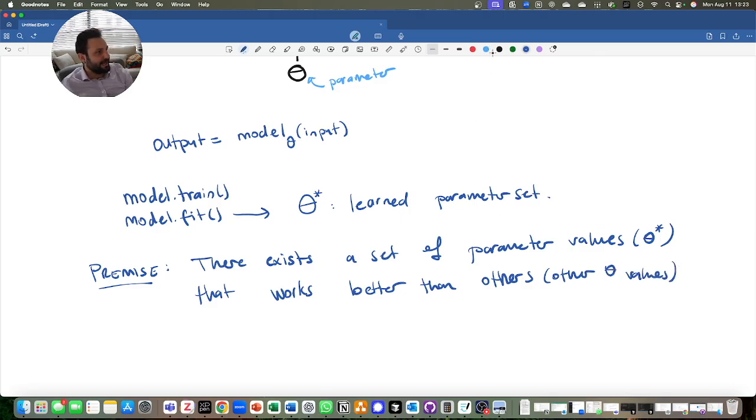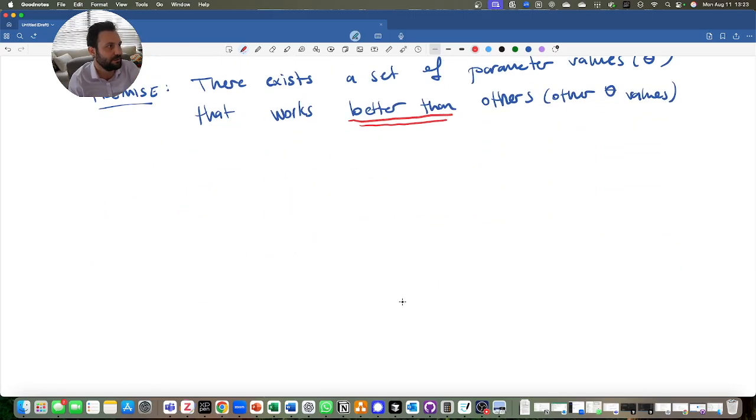The phrase that I would like you to focus on is this: better than. Better than what? Better with respect to what? Answering this question is the first attempt in machine learning.